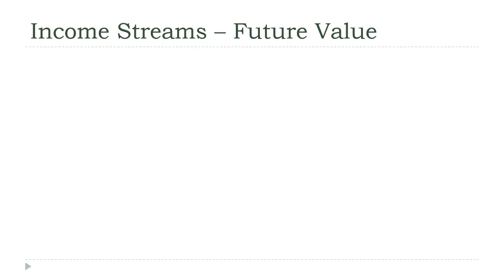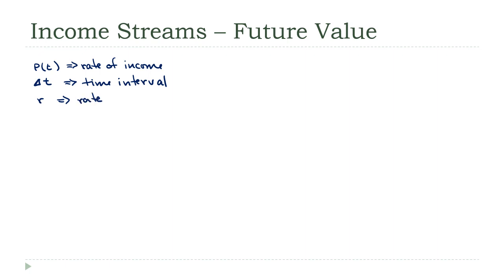We're going to assume that we have an income stream whose rate of income is described by this function P of t. And we're going to assume we're looking at this over a relatively short period of time, delta t, a small time interval, and that we're getting some kind of an interest rate r on the investment.